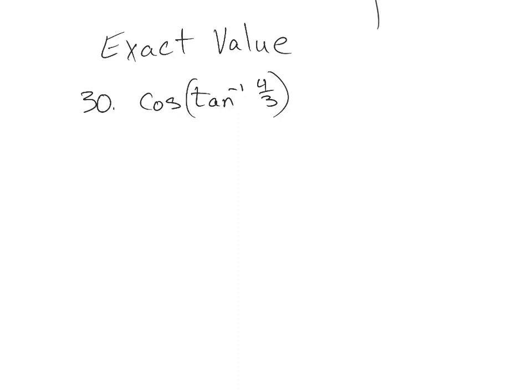All right, this is really pretty simple. You probably don't remember how to do this because 4/3 is not a unit circle value. So we're going to have to figure these out. Here's how we do this. Where is the tangent positive? First and third quadrant.